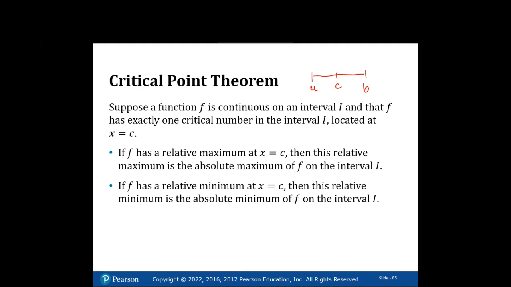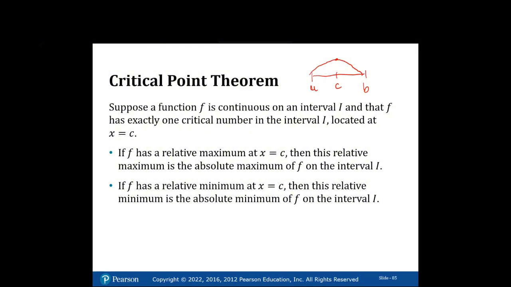So if I'm only taking this spot right here, and this is a relative max, then that means it looks something like this. Since it's the only one there, it has to be the absolute max. And it's the same thing for the min.